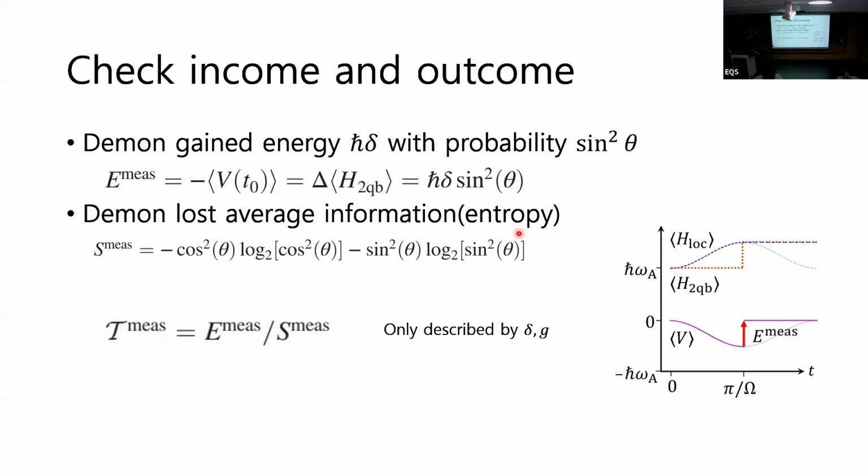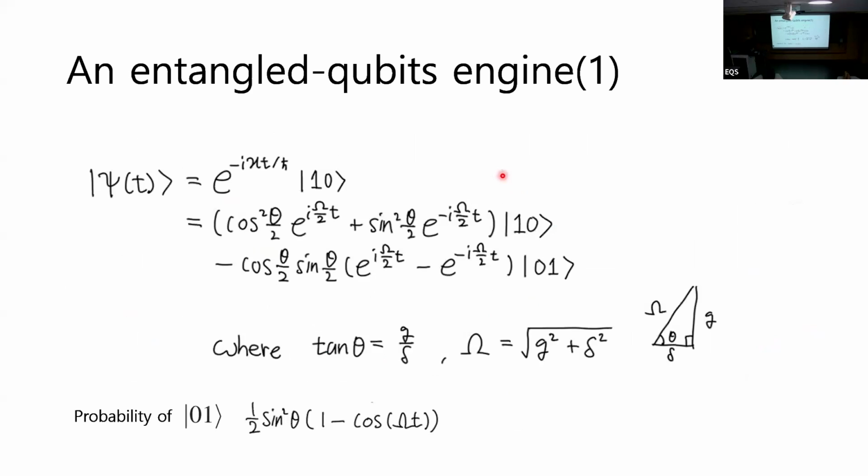This means the demon has consumed information about the qubit. We lose this entropy. Then we can define an effective temperature-like quantity, T tilde, as E mean over S mean. And it depends only on delta and g, because zeta is also defined by delta and g here.